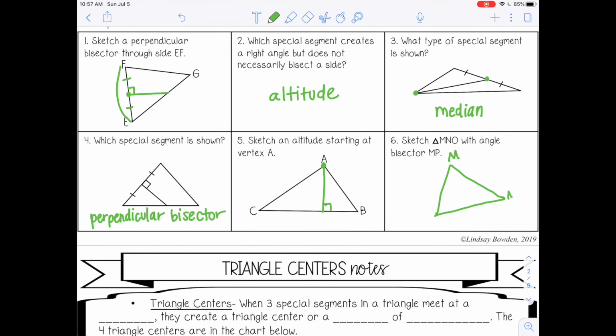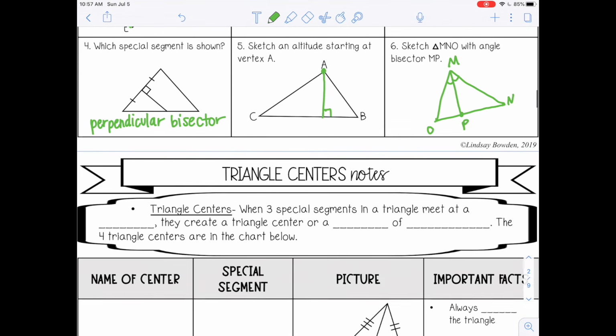I'm going to label it MNO, and I want an angle bisector from M to P. So I'm going to bisect angle M, and then I'm going to make this P, and I'm going to draw congruency marks to show that it is bisecting angle M.